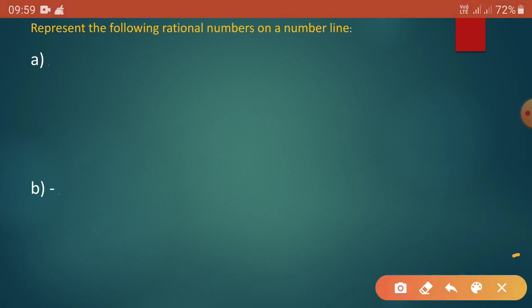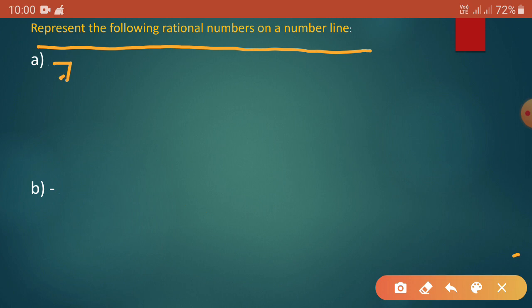Now for your better understanding, I am taking some examples. We are representing rational numbers on the number line. Suppose we first take the number 7 by 4. How do we represent the rational number 7 by 4 on the number line?